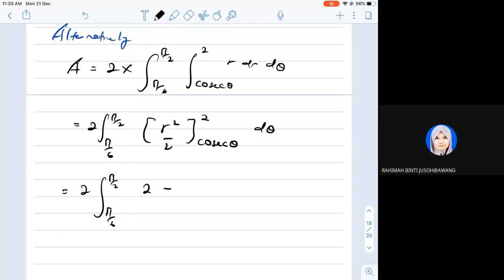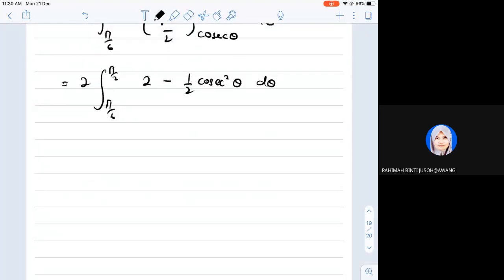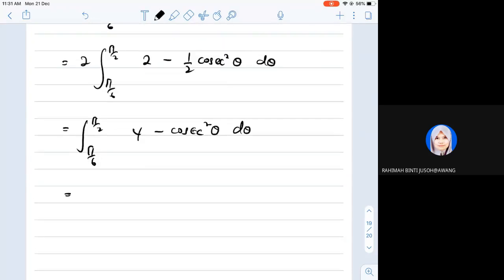So 2 minus 1 over 2 cosecant squared theta d theta. Now if we multiply everything by 2, from pi over 6 to pi over 2: 2 times 2 is 4, minus cosecant squared theta d theta. So we will have 4 theta.